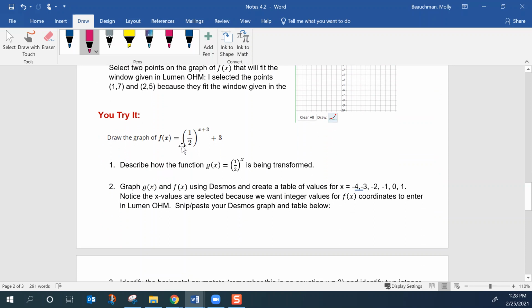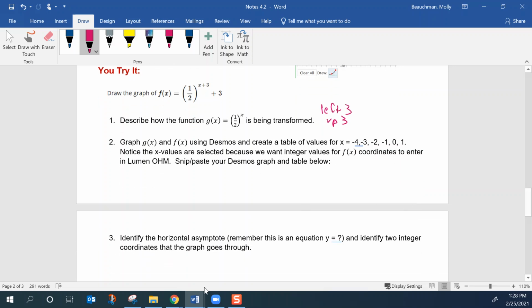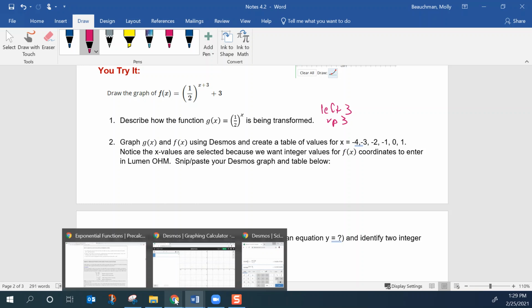Draw the graph of 1/2 to the power of x plus 3, plus 3. First of all, we describe how the function 1/2 to the power of x is being transformed. We're moving that graph to the left 3 and then up 3. Then graph using Desmos so you can see where your coordinates are. I'm going to type in 1/2 to the power of x.